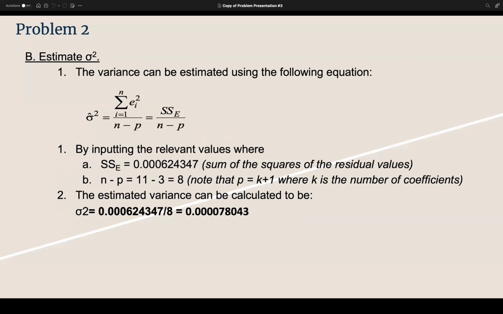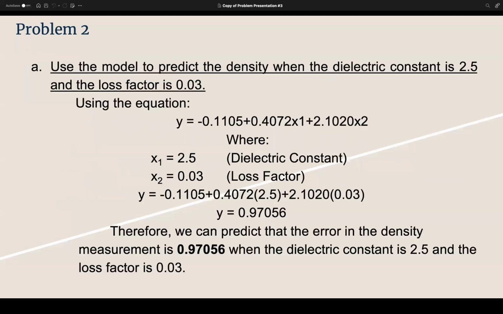Getting SSE, or the sum of squares residual, gives us 0.0006, and n minus p is equal to 8. Therefore, dividing would give us a variance of 0.000078043.